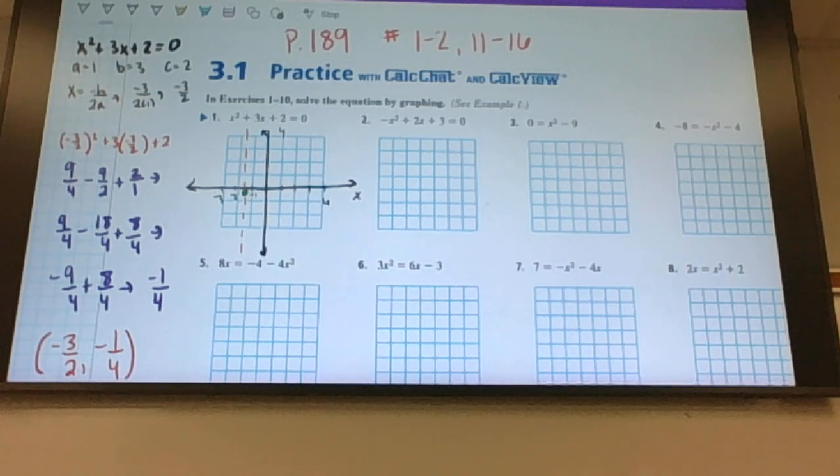I plugged it in and I got a 0 out. That's a root. That's an intercept. That's what I was looking for. Mission accomplished.